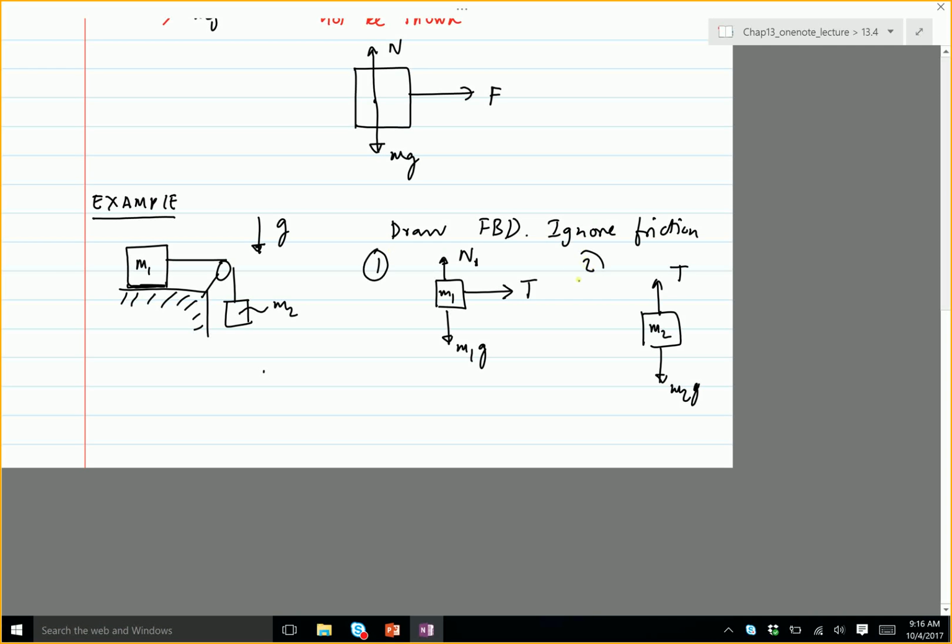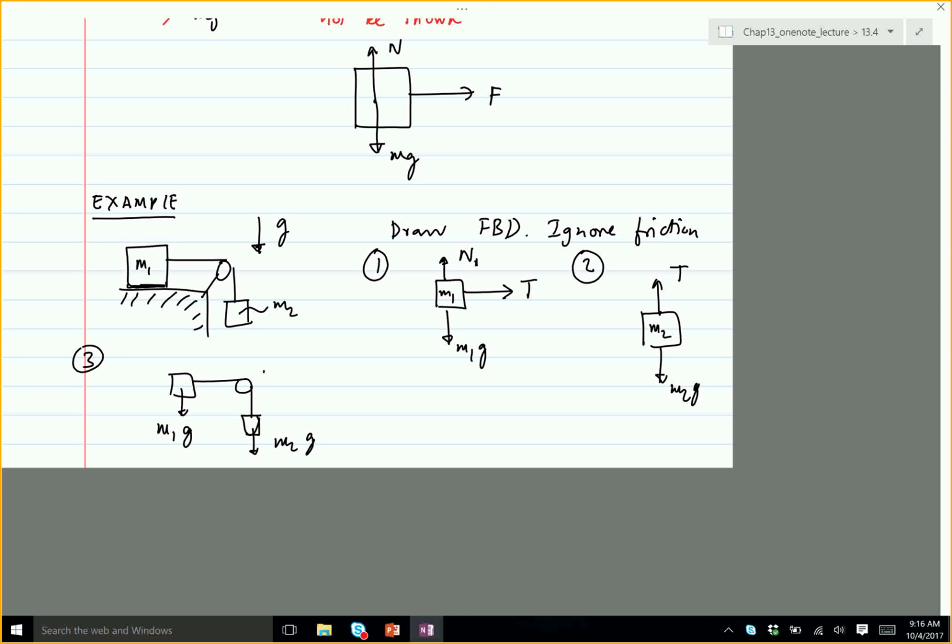We call this 1, this 2, 3 would be this. Okay. So now, because the string is intact, it's not being cut anywhere, you should not show the tension force. That's very important, right?